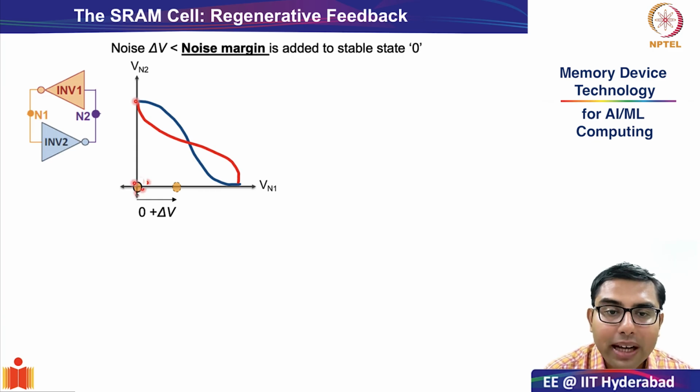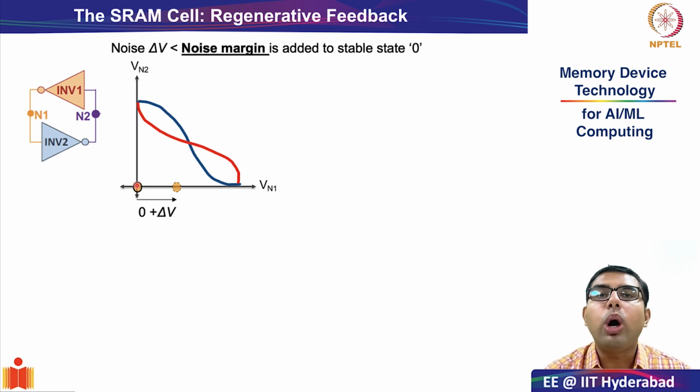This is indicated by this solid yellow dot. To this scenario, we are going to add some extra delta V noise, and we will see if the system is capable of handling this noise.